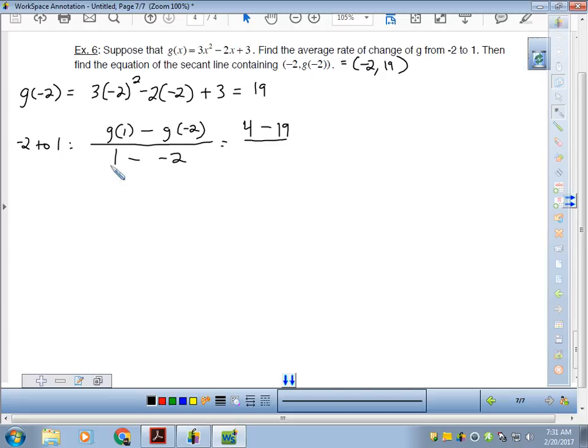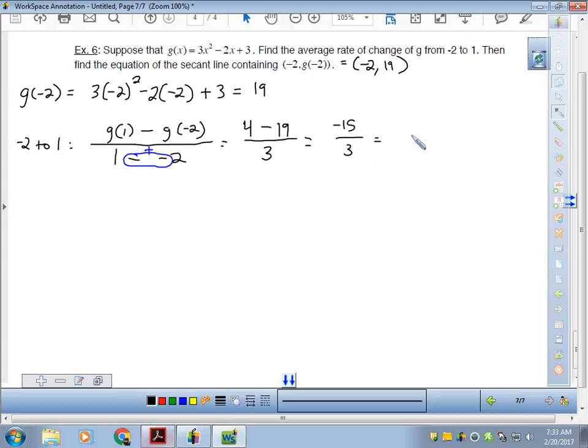On the bottom here, 1 minus negative 2, we have minus a negative. And remember, when we have minus a negative, that really means we have plus. So 1 plus 2 gives us 3. On top, we have 4 minus 19, which gives us negative 15 over 3.